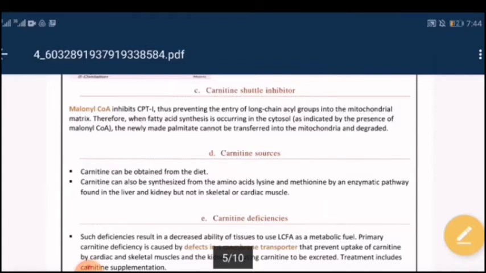Therefore, when fatty acid synthesis is occurring inside the cytosol, which is indicated by the presence of malonyl-CoA, the newly made palmitate is not transferred into mitochondria and not degraded. And so, if we do not need energy, this shuttle is going to be inhibited in order not to waste our storage.